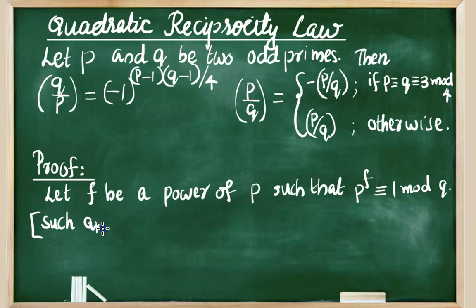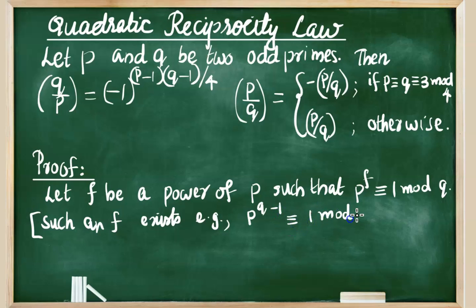Such an f surely exists, since p raised to the integer q minus 1 is congruent to 1 modulo q, as the GCD of p and q is equal to 1, using Fermat's little theorem. So, such an integer f does exist.